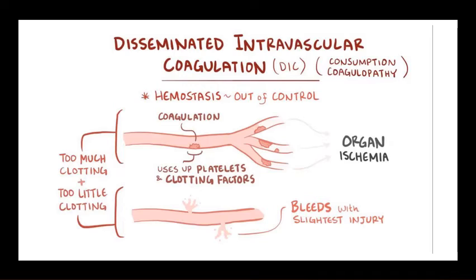As you can see, there are many clots throughout the blood vessels, and because fibrinolysis is impaired, they are unable to get rid of these clots, and it may lead to organ ischemia. In the bottom blood vessel, it shows that there are damages and injuries to the blood vessels, but there are no more clotting factors and platelets because they were used up in other areas of the body, and the body is unable to repair these injuries due to DIC.